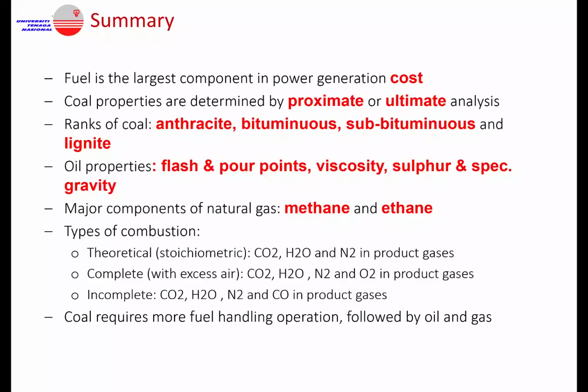Remember, when you have carbon on the left hand side, carbon becomes CO2, hydrogen becomes H2O, nitrogen remains the same, and if you have sulfur on the left hand side, it becomes SO2. For incomplete combustion, usually you would have carbon monoxide in the product.